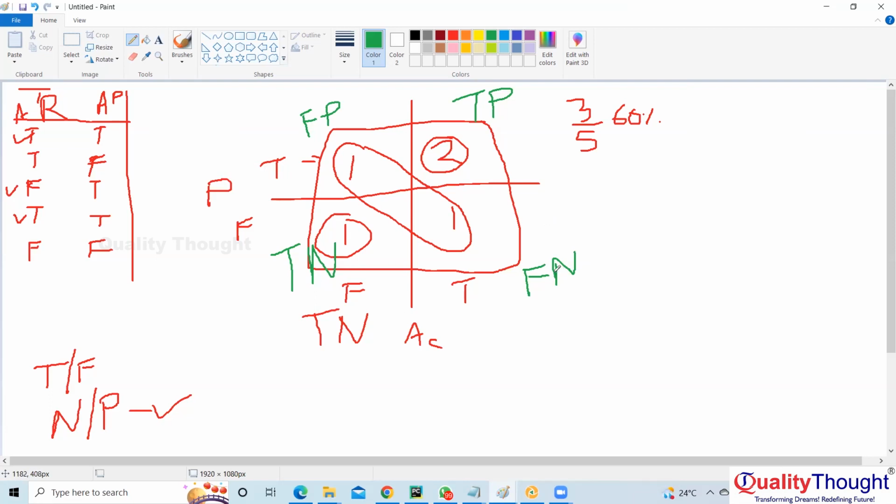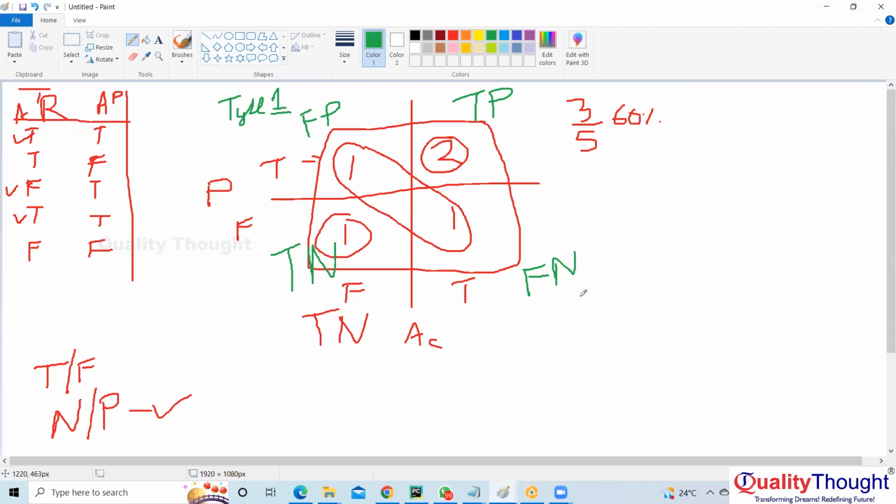Now, there is something called type 1 error and type 2 error. Your false positive is called type 1 error.